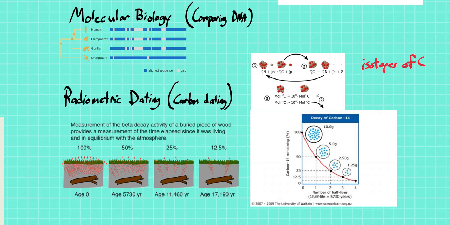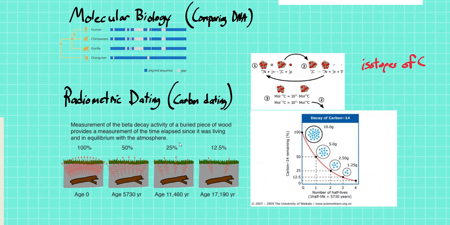So carbon-14 has its normal number of protons and extra neutrons, but it does split. It does decay. So here's just a quick diagram of decay, radioactive decay, into carbon-12.